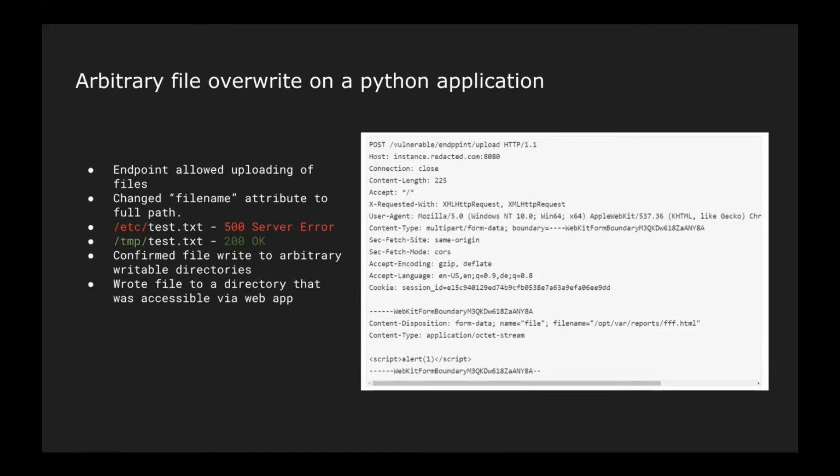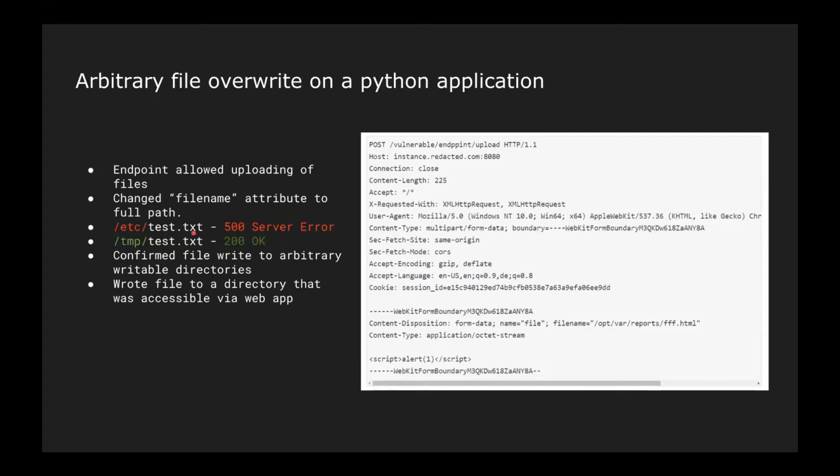When I was testing it, there was an interesting endpoint that was allowing me to upload any kind of file extension. Within the file name attribute, I started passing a full path like /etc/test.txt, and I got a 500 server error. When I passed /tmp/test.txt, I got a 200 OK response. So these were two really interesting behaviors from the endpoint.